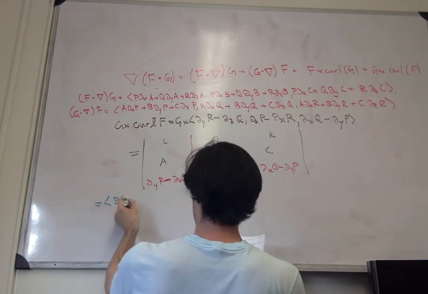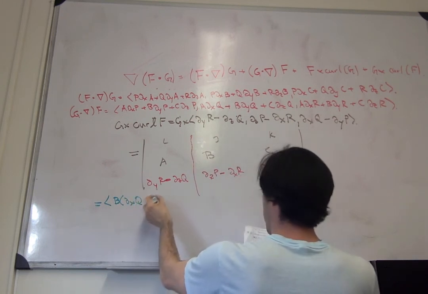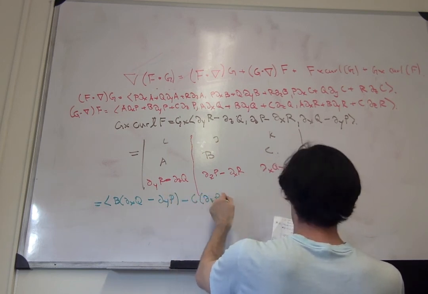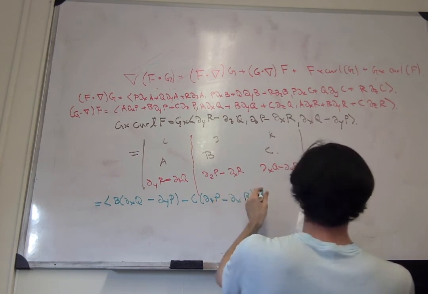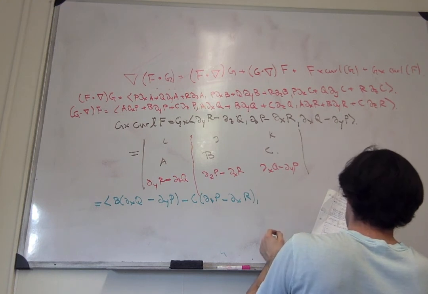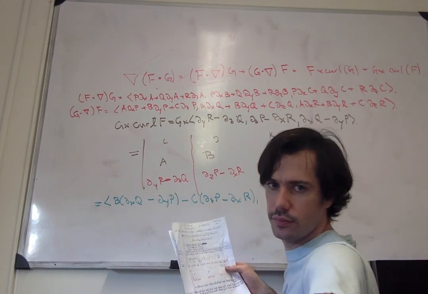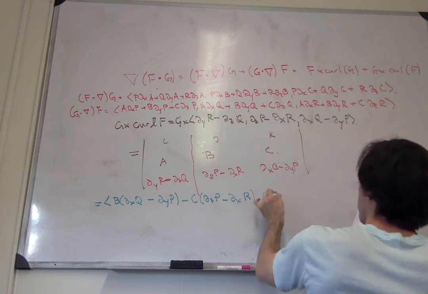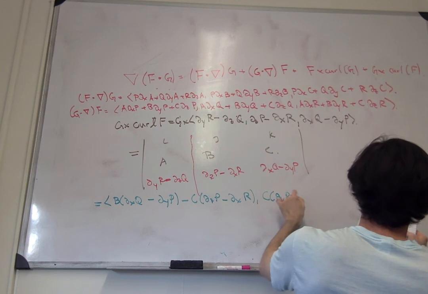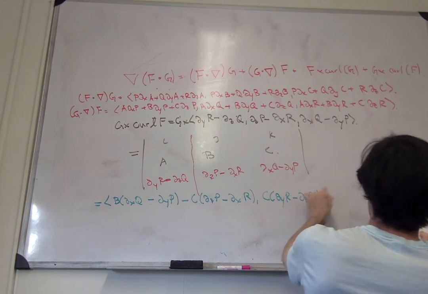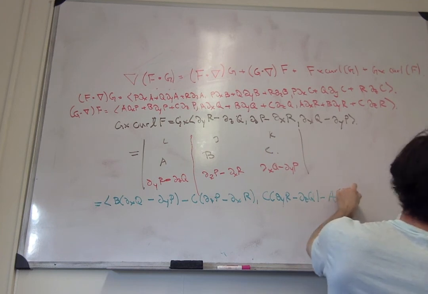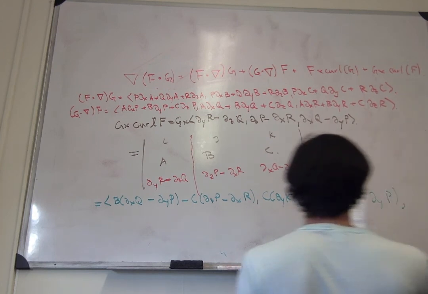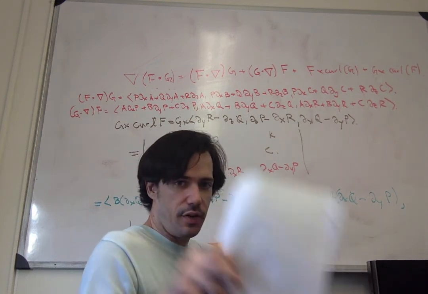It is B times (del x Q minus del y P) minus C (del z P minus del x R). The second coordinate is C (del y R minus del z Q) minus A (del x Q minus del y P).